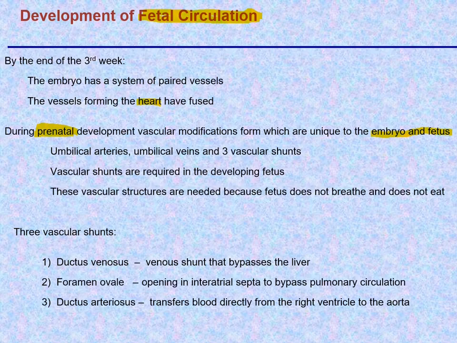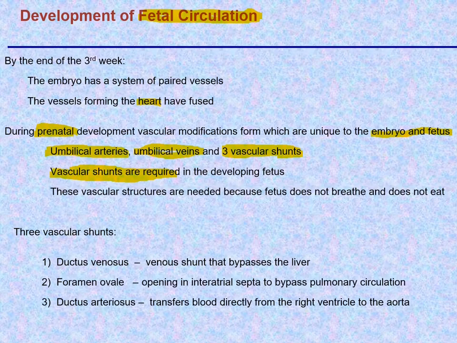They include the umbilical arteries, which are in the umbilical cord, and the umbilical veins, and 3 vascular shunts. A shunt is like a shortcut or a bypass. A bypass is a better synonym for a shunt. These shunts are absolutely required for normal development in the fetus.